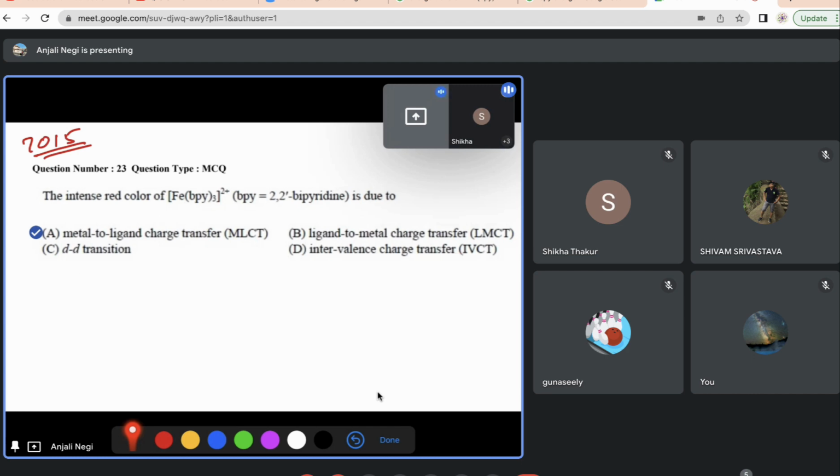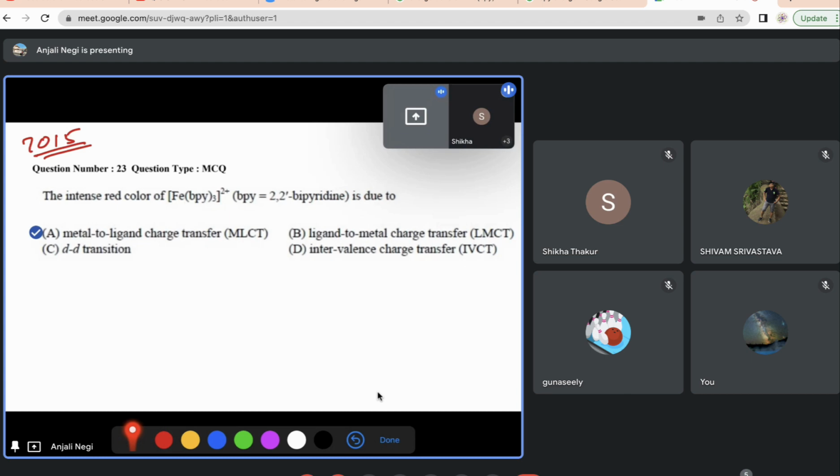Since you have gone through the previous video, I hope you know that the d-d transition doesn't give that much intense color, although MLCT and LMCT do. For intervalence charge transfer, there must be two valences of the metal or ligand present.